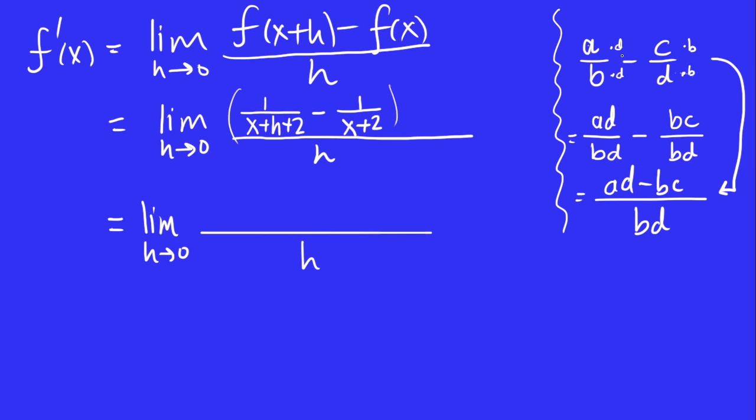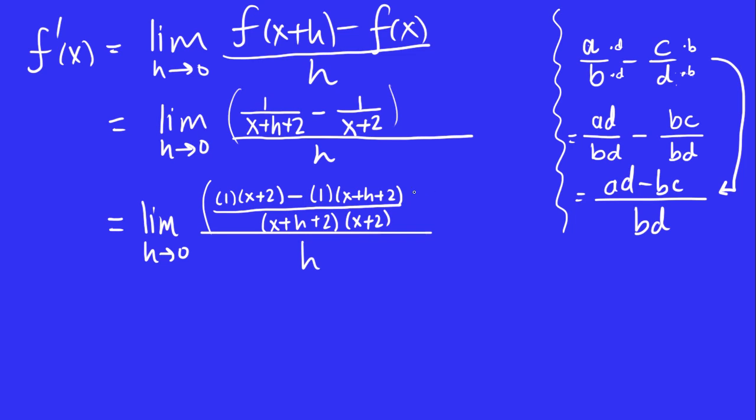It's a times d, so 1 times x plus 2 minus 1 times x plus h plus 2 all over b times d, so this times this. It may look more complicated now, but we really do want to go in this direction.